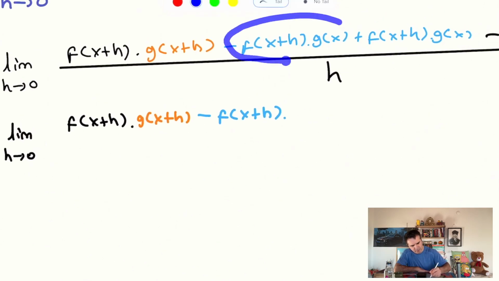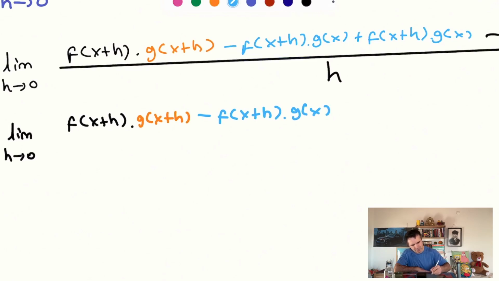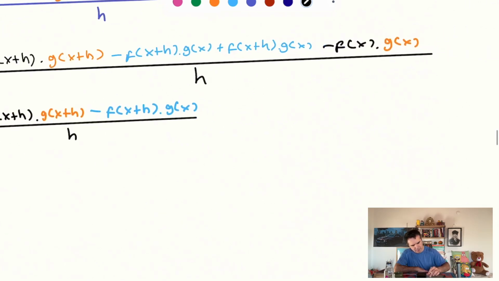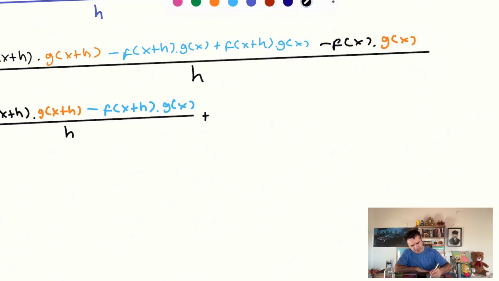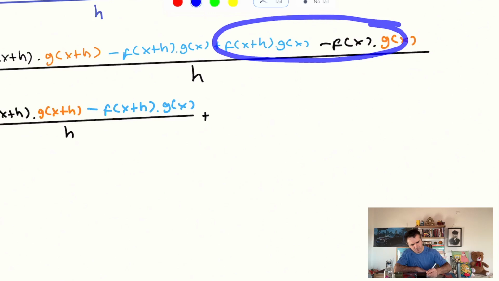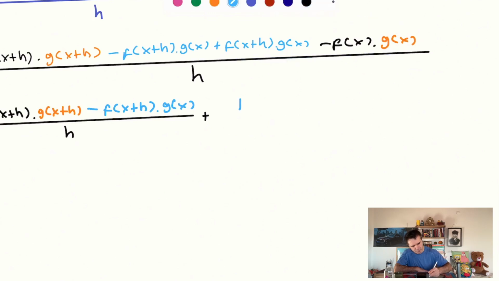I'm writing this part times g of x over h, and plus this part: f of x plus h times g of x minus f of x times g of x over h.